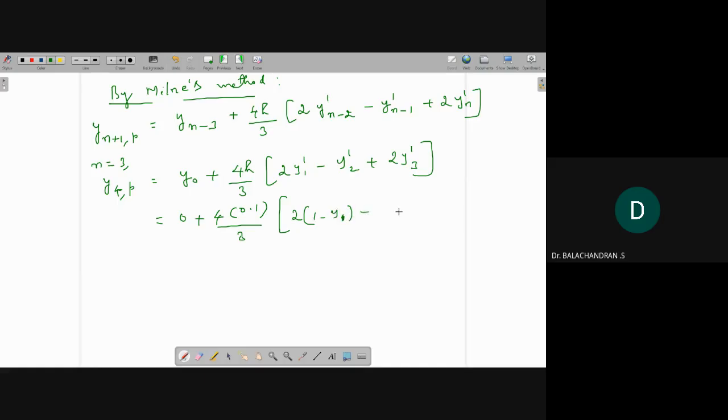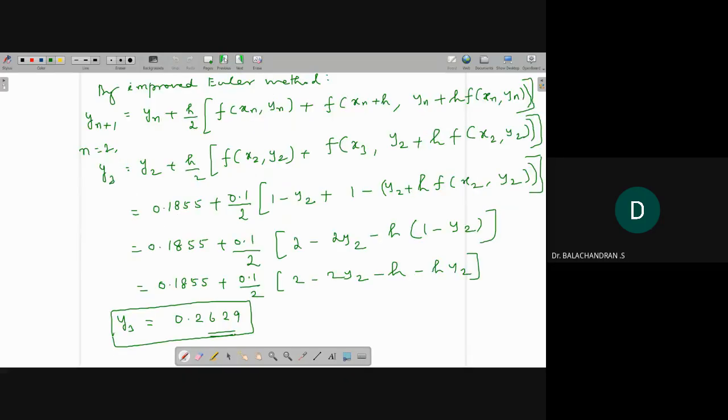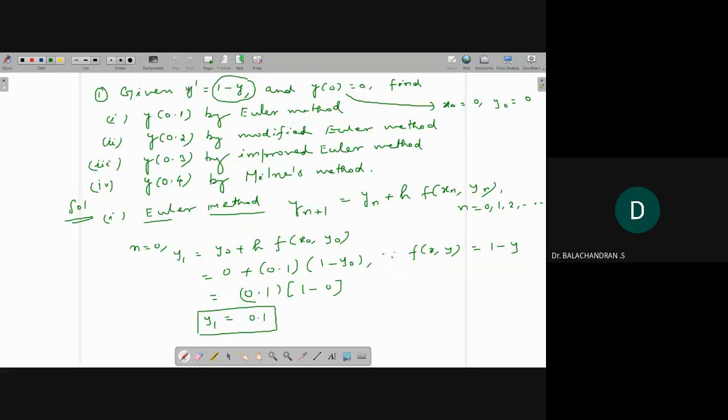Similarly, y2 dash is 1 minus y2, plus 2 into y3 dash, which is 1 minus y3. We know that f of x comma y, that is dy by dx, is given in the question: y dash is equal to 1 minus y.